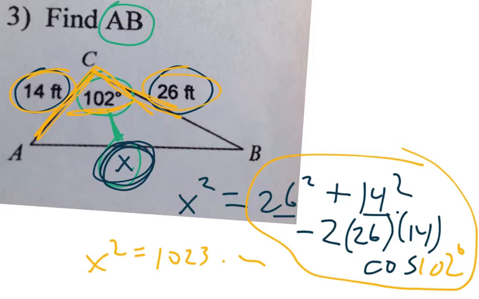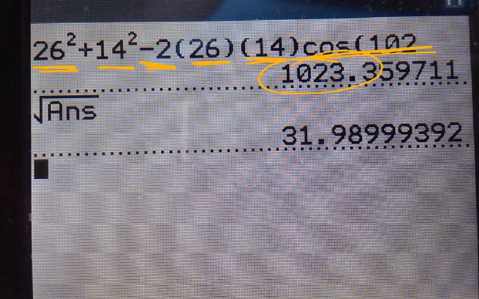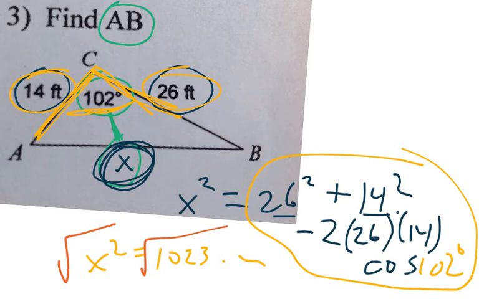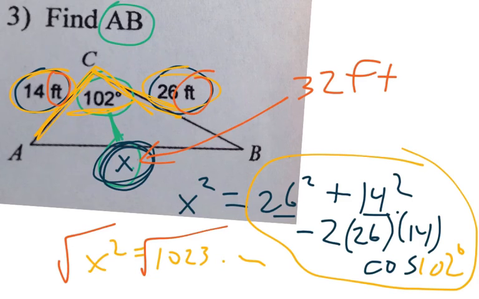How do I find x? I have to do a square root, right? So I did the square root of that 1,023, and I got 31.98, which is basically 32. So I just figured out, guys, that the missing side is 32 feet long based upon the units already given.